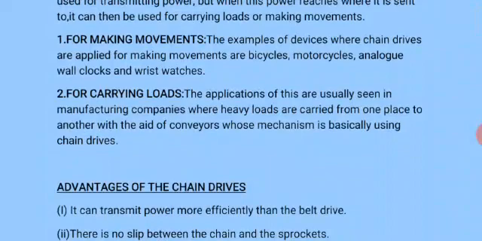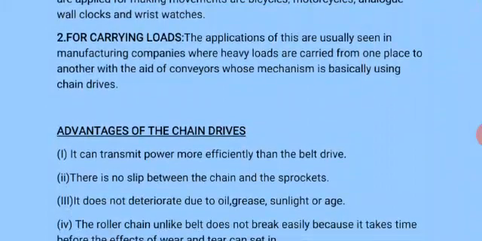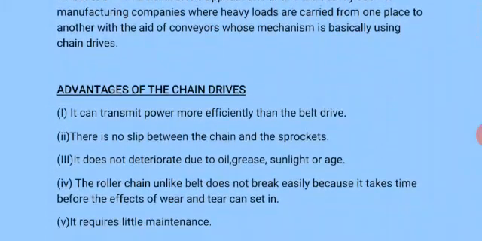Now let's go to advantages of the chain drives. Number one advantage: it can transmit power more efficiently than the belt drive. Unlike the belt drive that can cut easily due to wear and tear in between the belt and the pulley, this cannot happen in the chain drive.